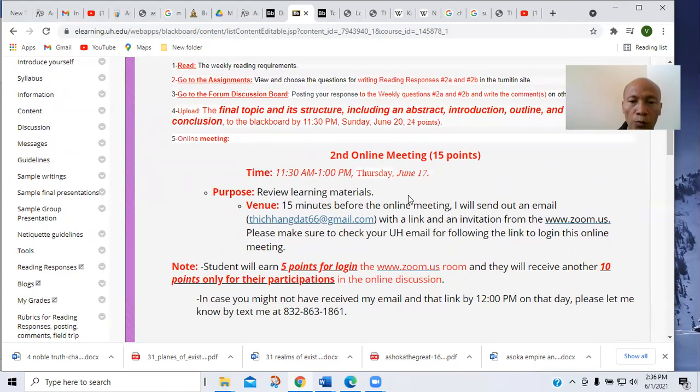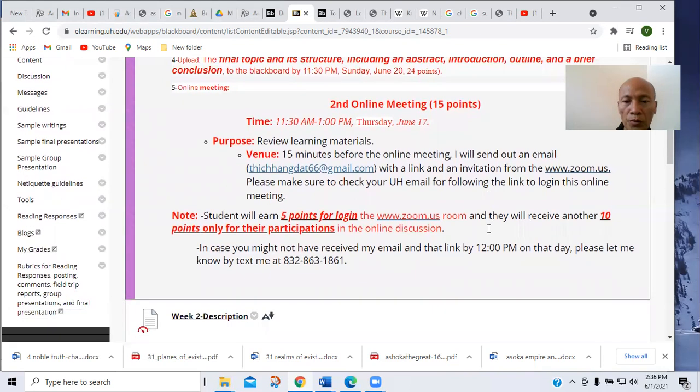So you will earn 5 points for logging into Zoom, and you will gain another 10 points for participation. That means if you only log into the Zoom, you have only 5 points. And when you participate in our discussion, you get 10 points.